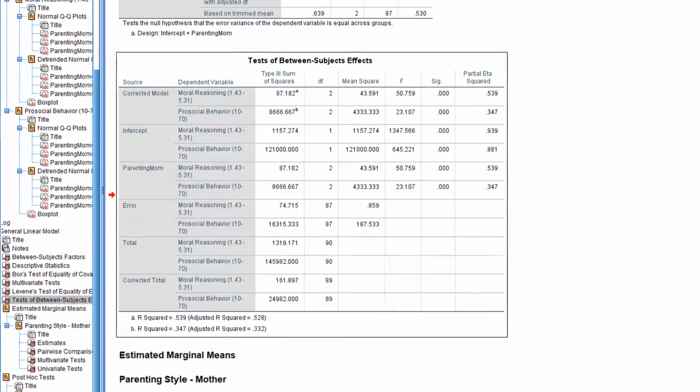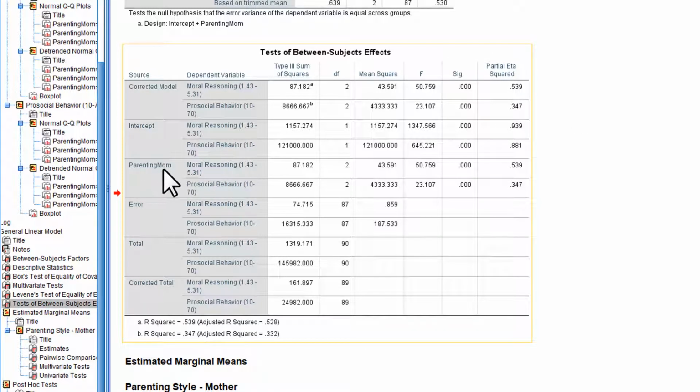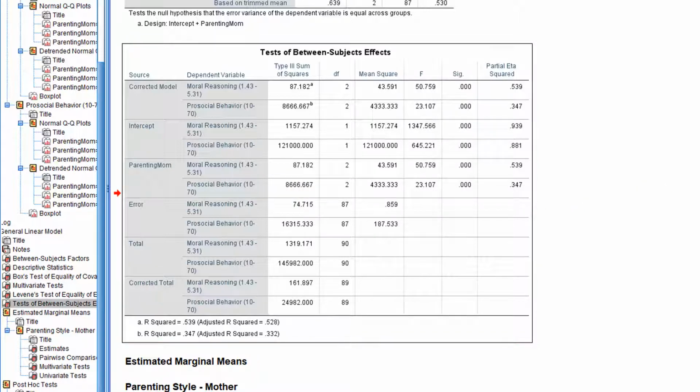So the univariate tests tell us of the univariate effect of the independent variable on each of the dependent variables. So as you see here, this is our independent variable, and these are the dependent variables that are now separated, and you get a separate F and P value for each of the dependent variables.